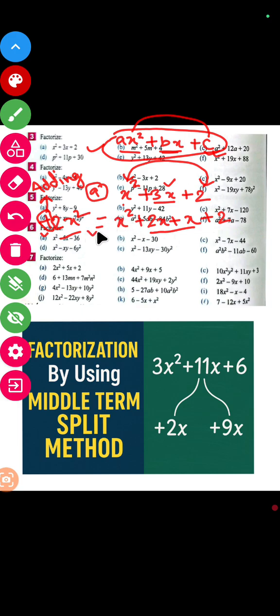So in the first step, we have split the middle term, that is 3x, into 2x plus x. And now in the second step, we are going to take common by making a group. The group of x square and 2x. What do we see in these two terms? X is common, so we take x as common.